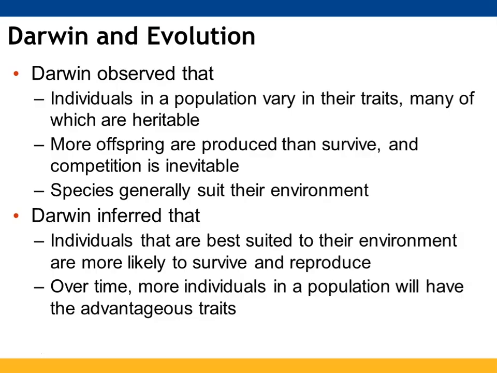From those observations, he felt that the species best suited for their environment were more likely to survive and reproduce. The ones that weren't as well suited were less likely to survive and reproduce. They were at greater risk of being crowded out for resources.